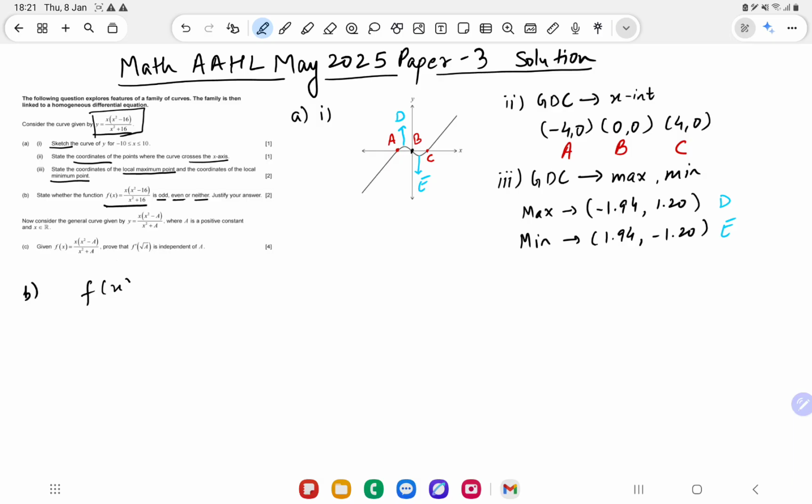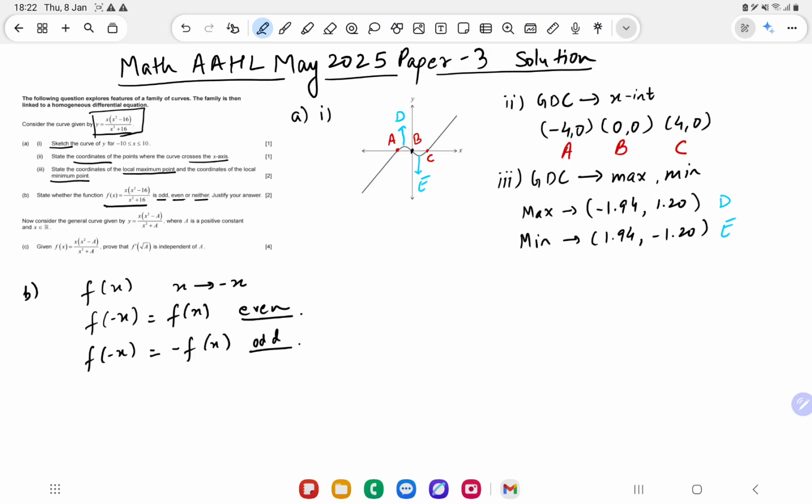Let's say you have a function f(x), and now in place of x, you put minus x. If I replace x with minus x and I still get my function back, it means it is an even function. And when I replace x with minus x, but I get minus f(x) as my answer, it means it is an odd function.